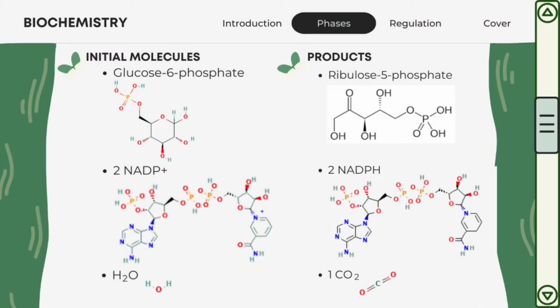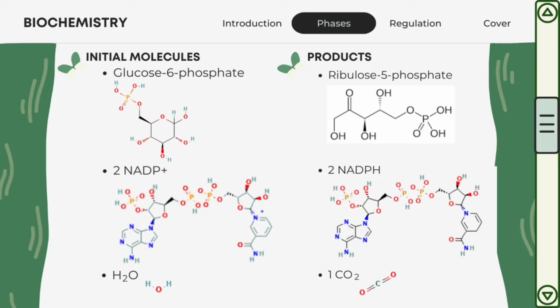To understand better, let us have a quick review on the initial molecules and products of the oxidative phase. The initial molecules include the glucose 6-phosphate, which is the first intermediate of glucose metabolism, having a pivotal role as a substrate of the liver during energy metabolism. In the structure, we can notice that this glucose sugar is phosphorylated at the hydroxyl group on carbon 6.